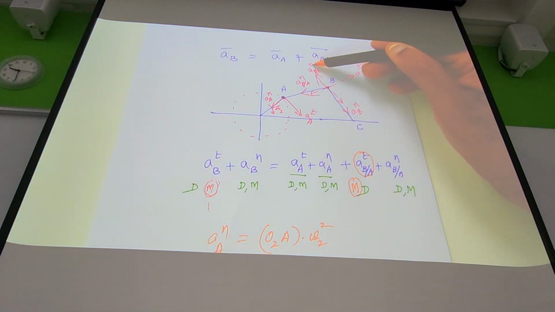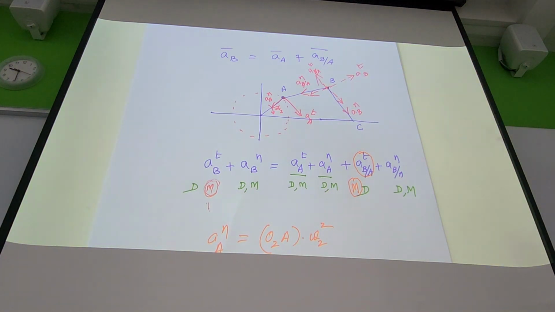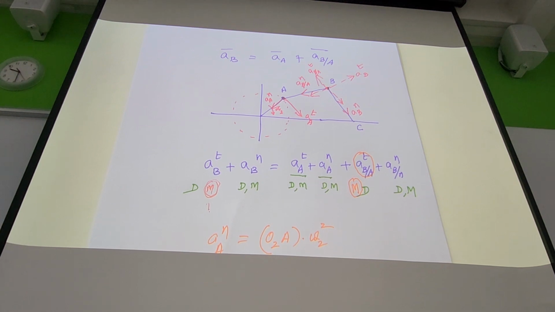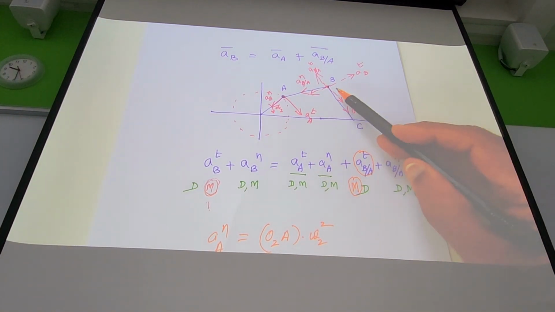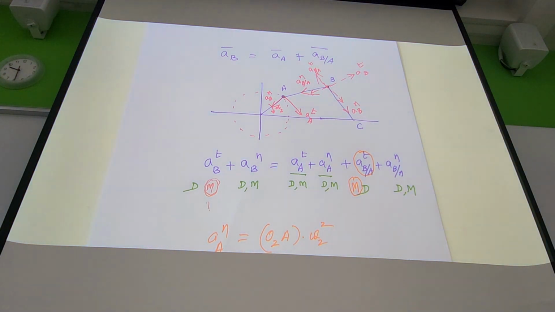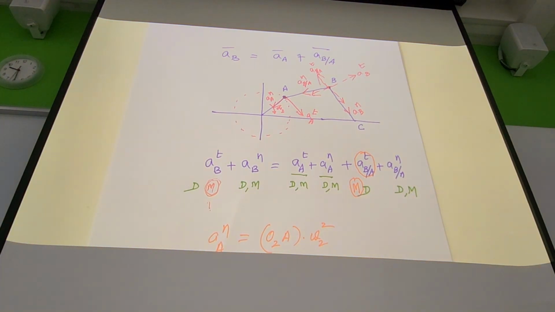Whether it is upwards or downwards, we need to decide, but once we complete the polygon, we can understand it, for the given orientation, whether the tangential acceleration of point BA is upwards or downwards.